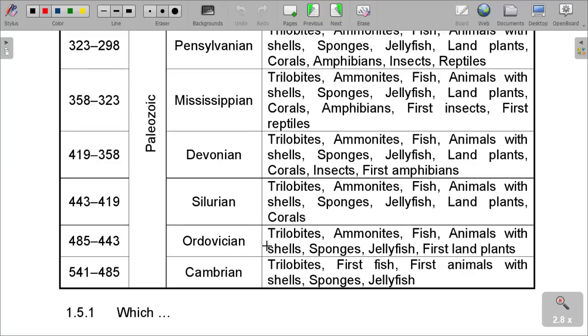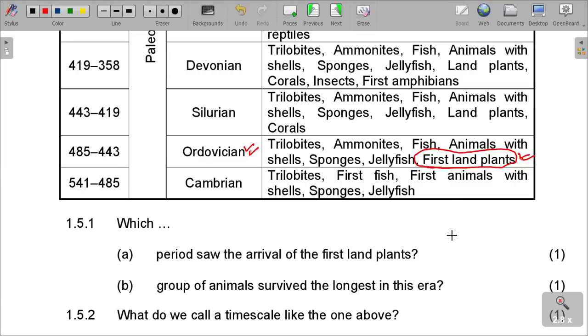The Ordovician period is when these first land plants, as indicated in our question, were found. So the Ordovician is the period when the first land plants were discovered.